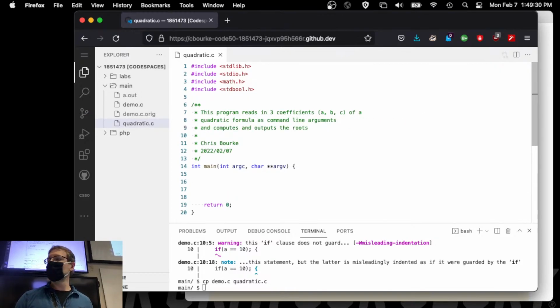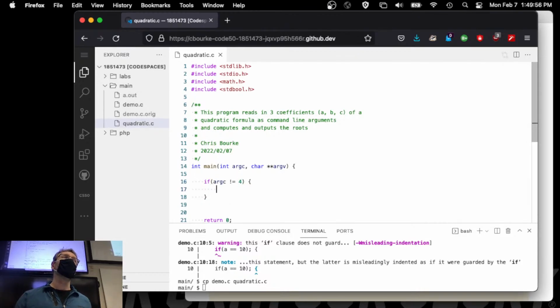Right? So, how many command line arguments am I going to expect here? A, B, and C. Is that it? And the first one is always the executable file name. So, I need to check for 4 command line arguments. If argc is not equal to 4, then that's an error.